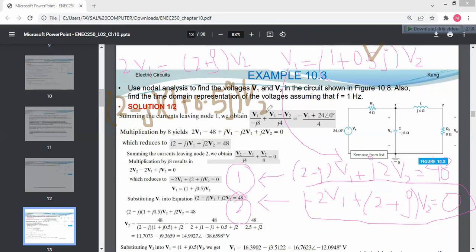Again 2 minus j into 1 plus 0.5j v2, and then plus j2v2 equals to 48.